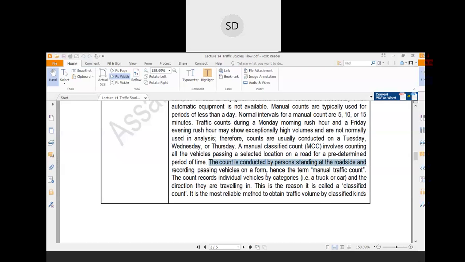They will record all the relevant data in a form, and that is called manual traffic count. So this count records individual vehicles by categories. Categories means whether there is a truck, a bus, a trailer unit, or a passenger car, and the direction they are traveling in. This is the reason it is called a classified count.